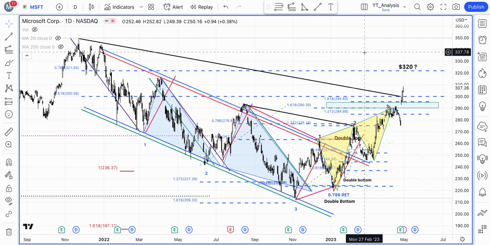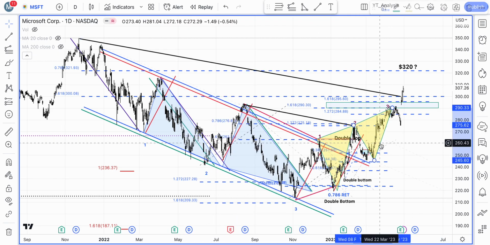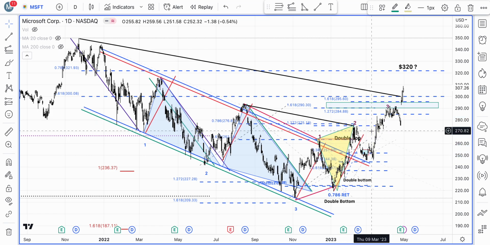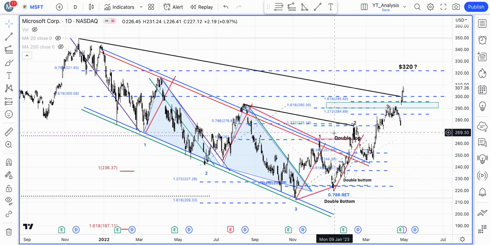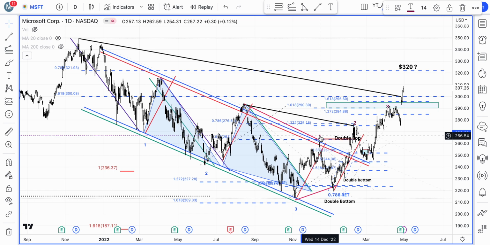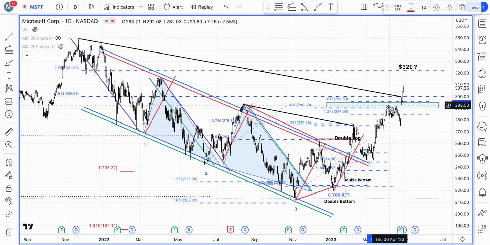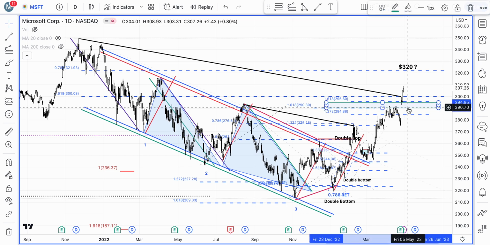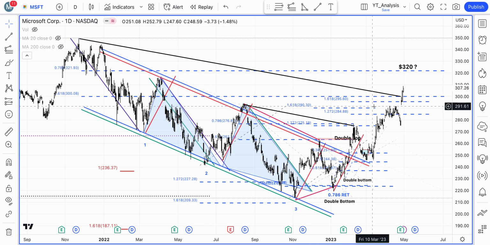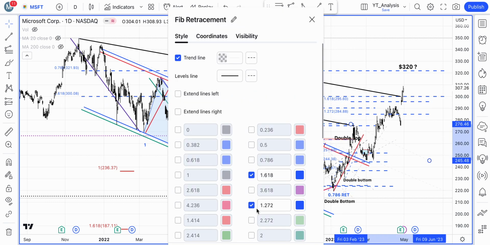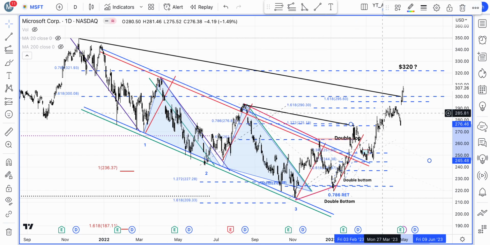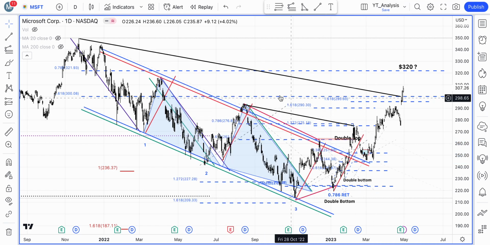Here we go. This pattern formation highlighted in the yellow, I'm gonna remove that because it failed, which is good for the bulls actually. So we remove that, just clean up the chart a little bit. Here we also had a 1.618 expansion. I'm just gonna remove this one, clean up a little bit, and there we go.